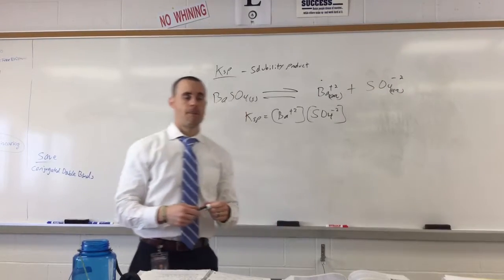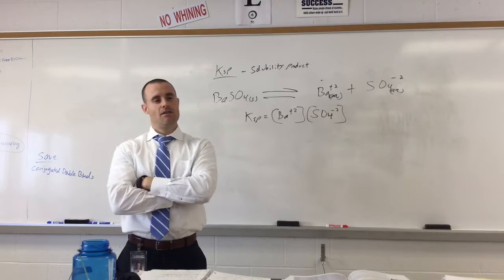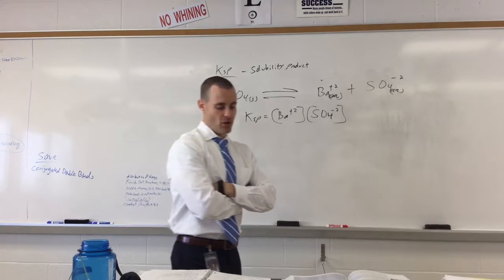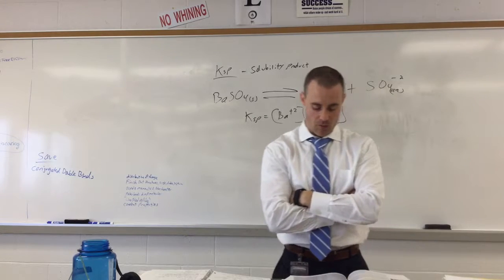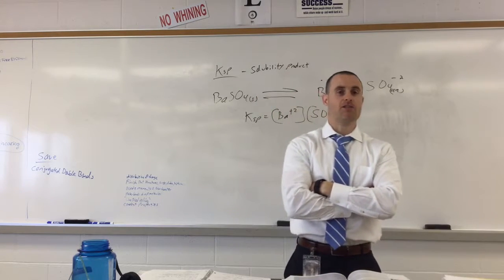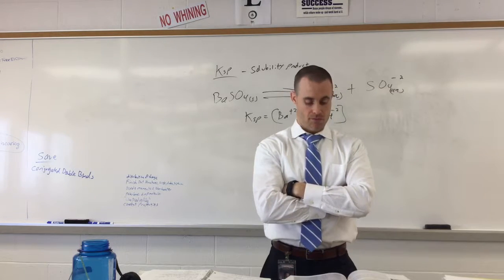The smaller the KSP, the better it is. Say that again. The smaller the number. So we're talking bismuth sulfide, 1.6 times 10 to negative 72. The worse results because there's smaller concentrations.